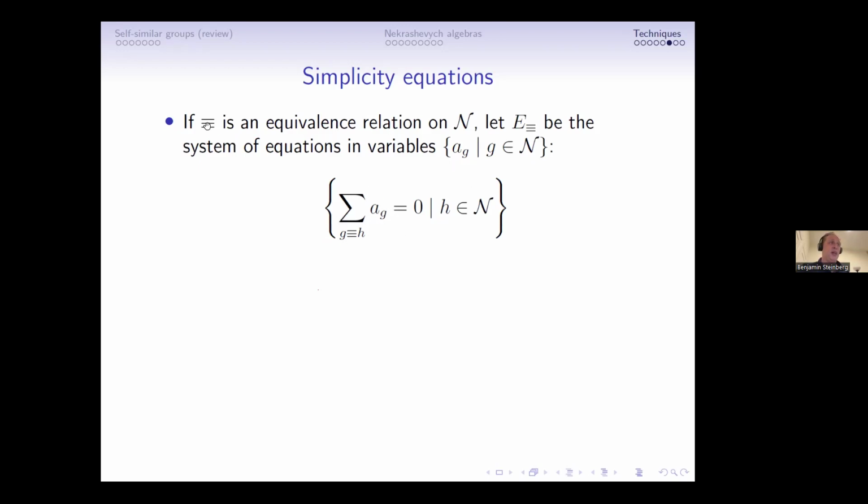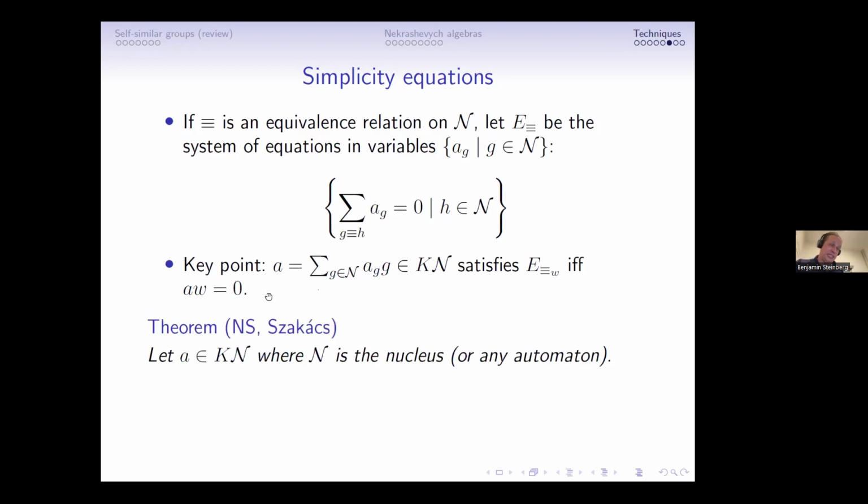Another way to say this is we want to look at those elements which go to 0 when you factor out by this equivalence relation. And the key point is that satisfying these equations for word w means that when I multiply by w, you get 0.